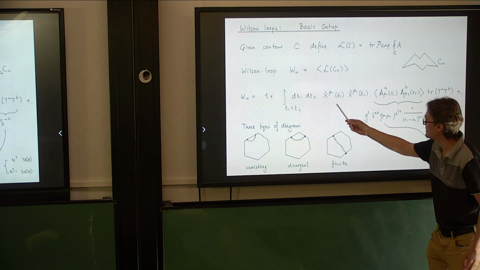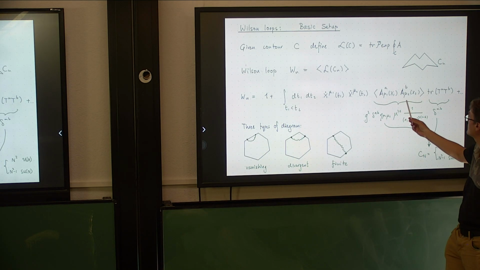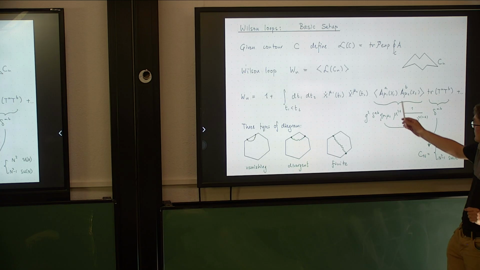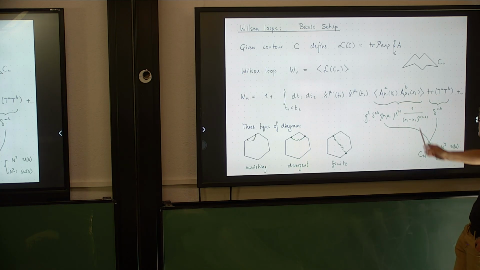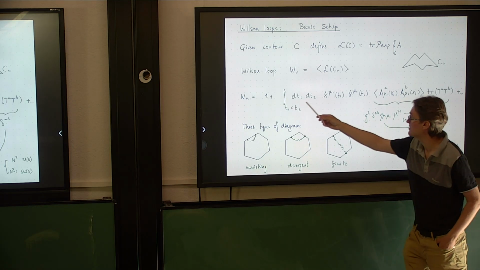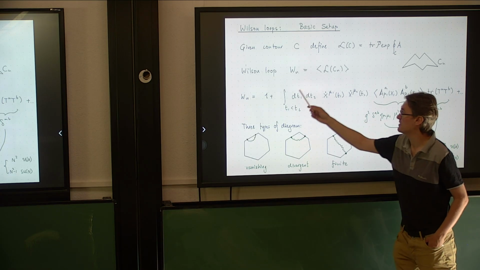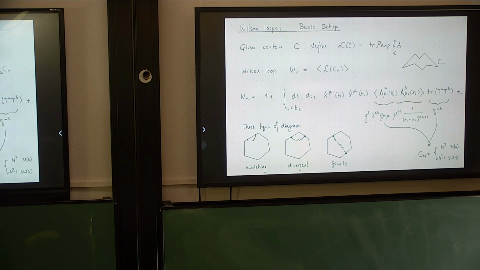And then I'll get the first interesting term where I have two insertions of my gauge field. I mean, there's a term where I have a single insertion of the gauge field, but the expectation value of that will vanish. So the first interesting term will be the quadratic term. I'll have two insertions of the gauge field from expanding this exponential. They sit at positions parameterized by t1 and t2, and I have to integrate this around my loop with these insertions.